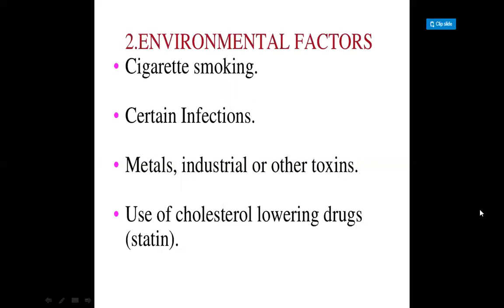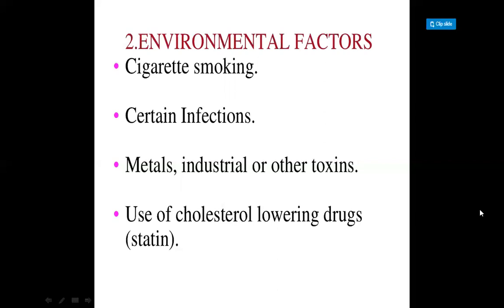Then next is metal, industrial or other toxins, meaning the person who works in industrial areas inhales toxic substances which affect the brain. In that condition also the person develops a chance of Alzheimer's disease, because we have already discussed that the cause is unknown, so there are some risk factors.